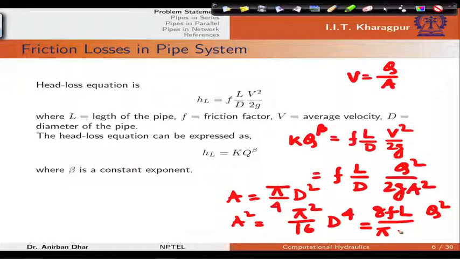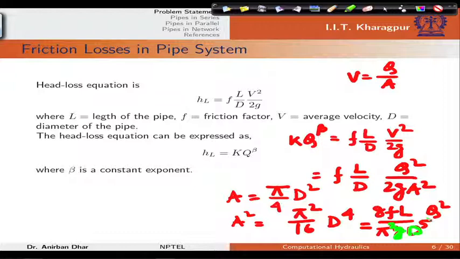So, 8, this is pi square G and D to the power 5.